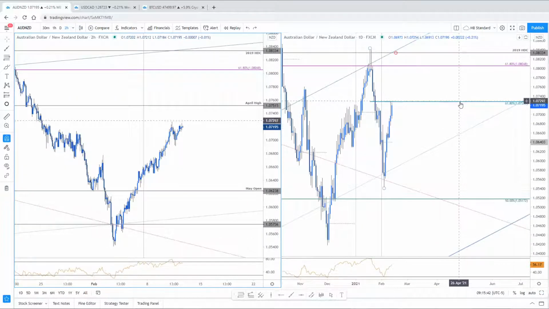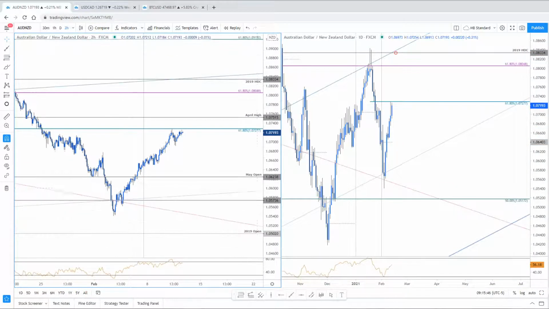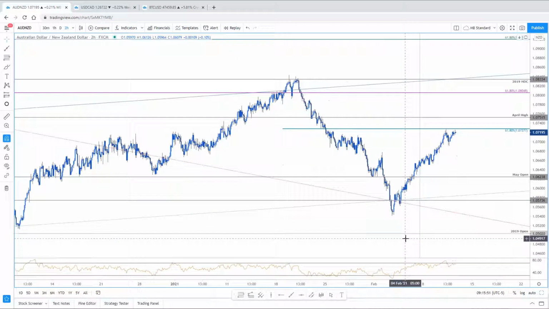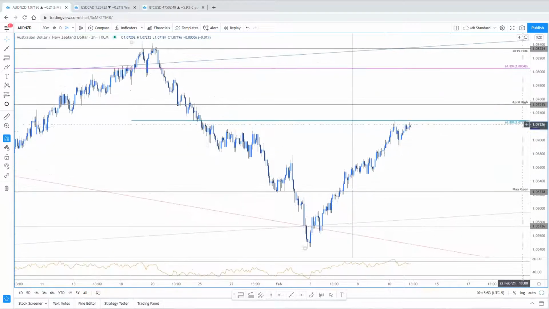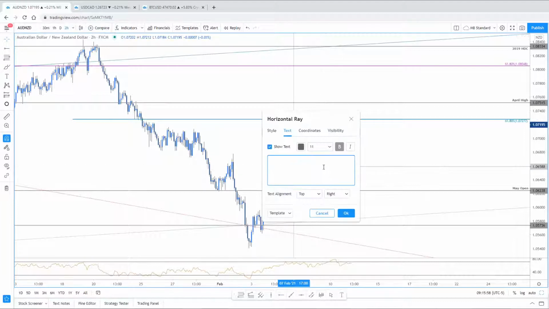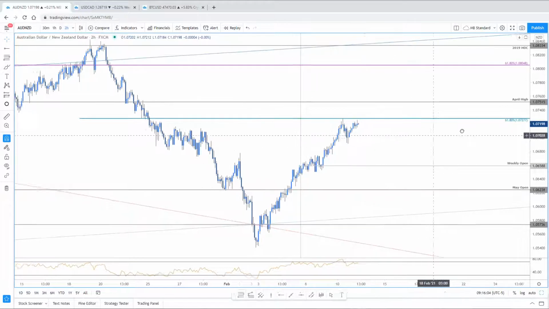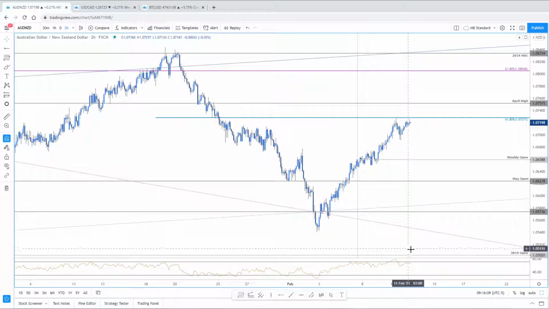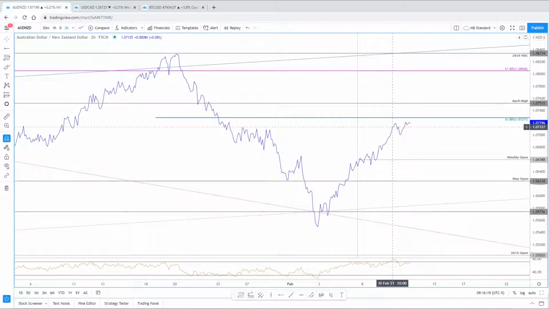So let me just tack on that retracement. Weekly open support. Wow, real slight divergence. Real subtle. I like these.